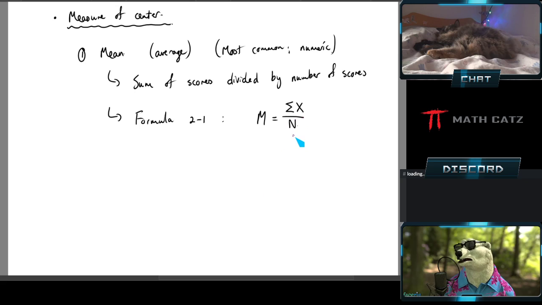So N in one form or another will be used to represent how many scores there are. This capital sigma, the Greek letter, indicates sum, that I'm adding up all the scores corresponding to my variable X that I have, and M will be the mean, the answer.